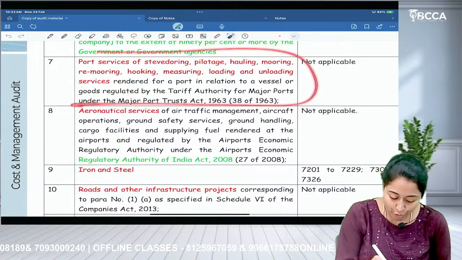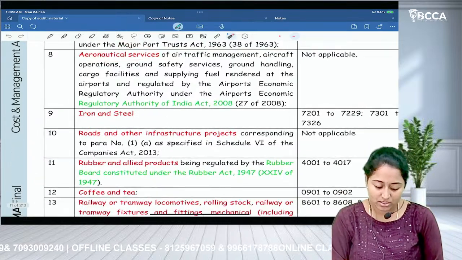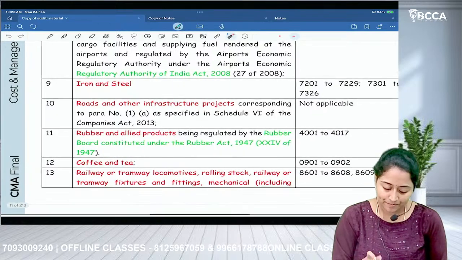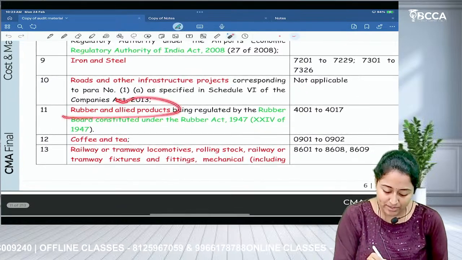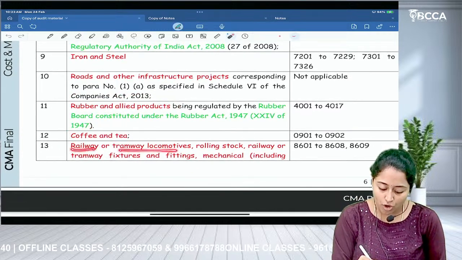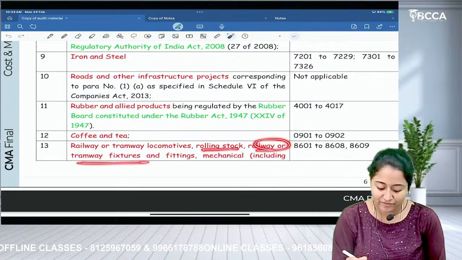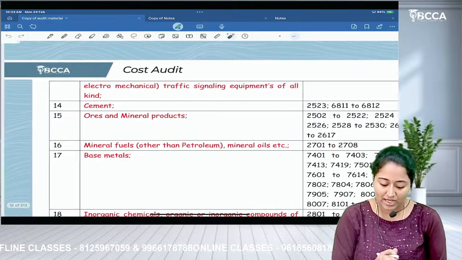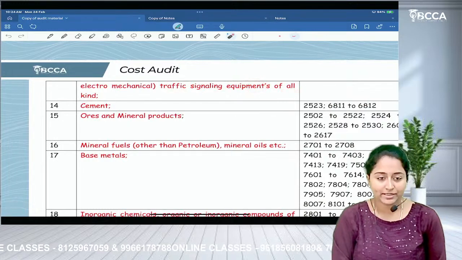So it is related to port services. Next is aeronautical services, iron and steel, roads and other infrastructure projects, rubber and allied products, coffee and tea, railway or tramway locomotives, rolling stock, railway or tramway fixtures and fittings, mechanical, traffic signaling equipment of all kinds.